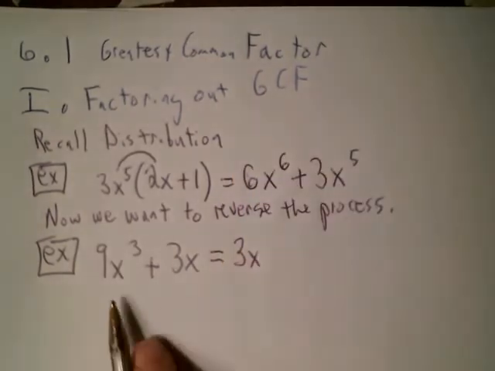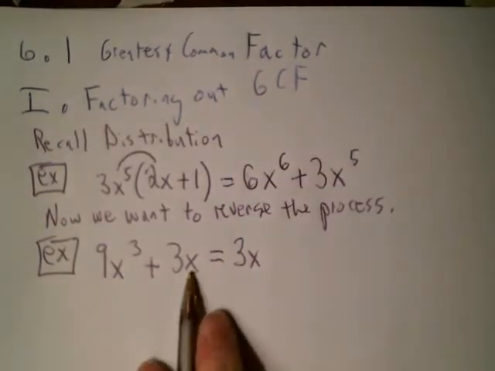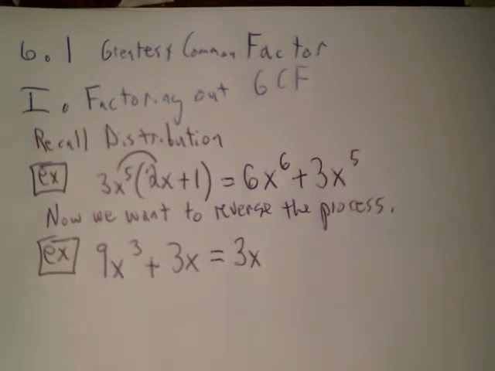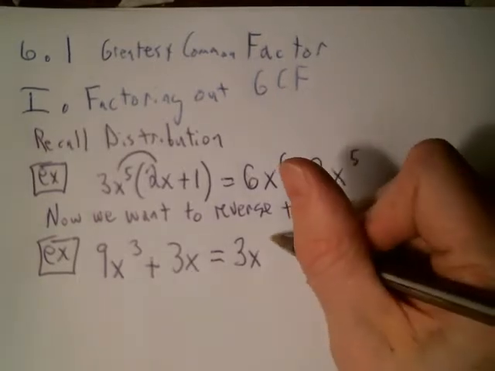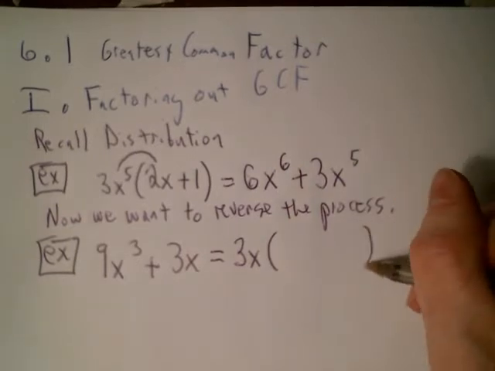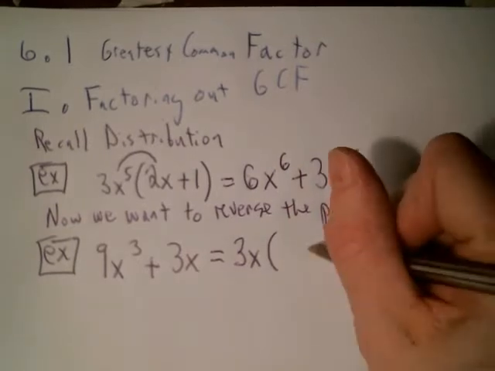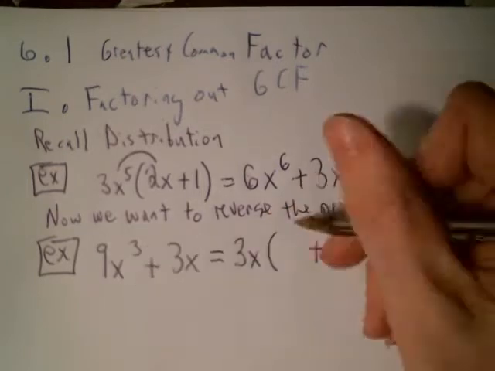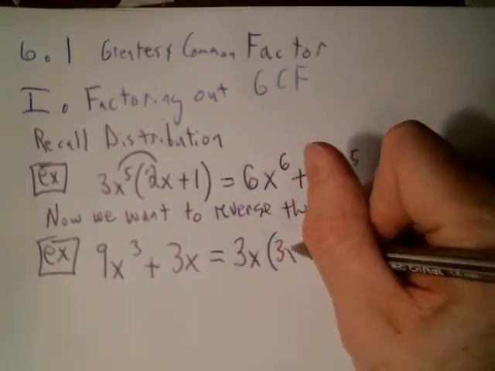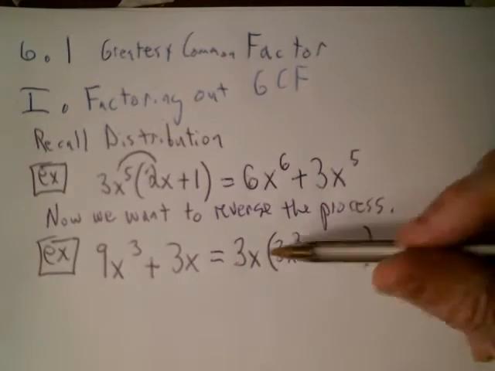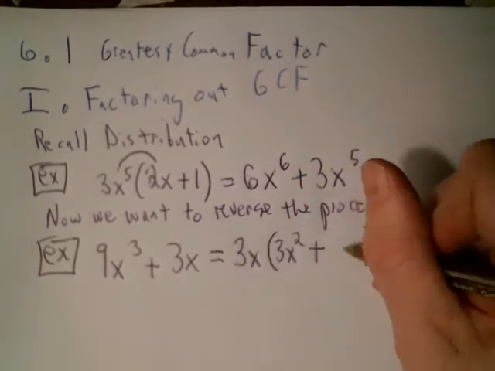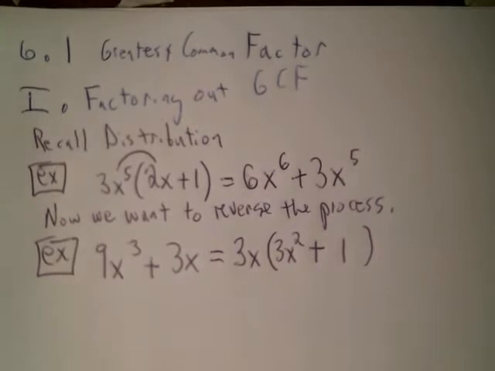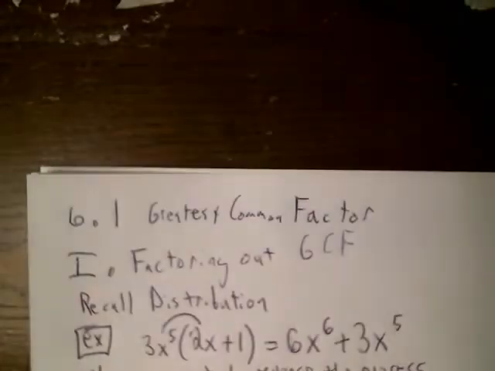It's the biggest thing that divides into both this and this without leaving any remainder. So 3x. And then you could set it up like this as a fill in the blank. You say to yourself, 3x times what is 9x to the third? Well, that's 3x squared. And then 3x times what gives me 3x? Okay, so that's just 1.